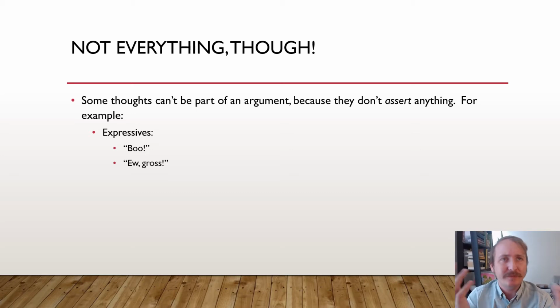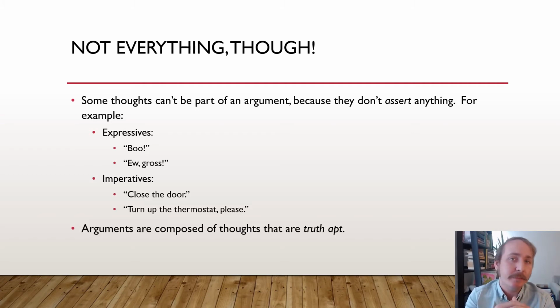You would say, what are you talking about? It doesn't make any sense, right? The reason for that is that boo, unlike statements like it is raining, only serves to express our feelings. It doesn't, in fact, make a claim about the world that could end up true or false depending on the way the world is, right? Same thing with ew, gross.